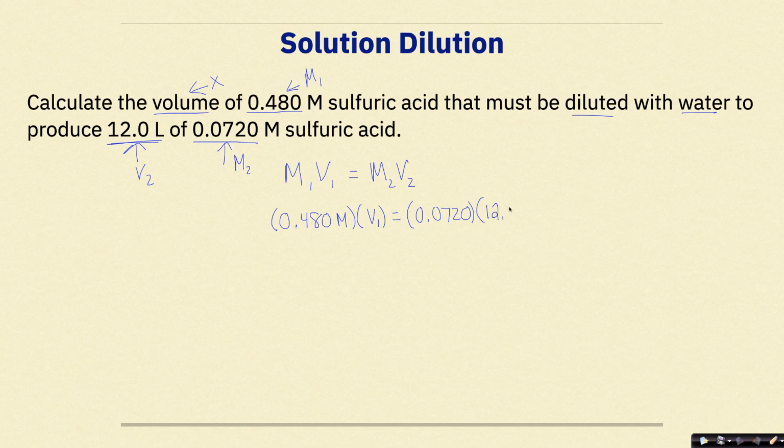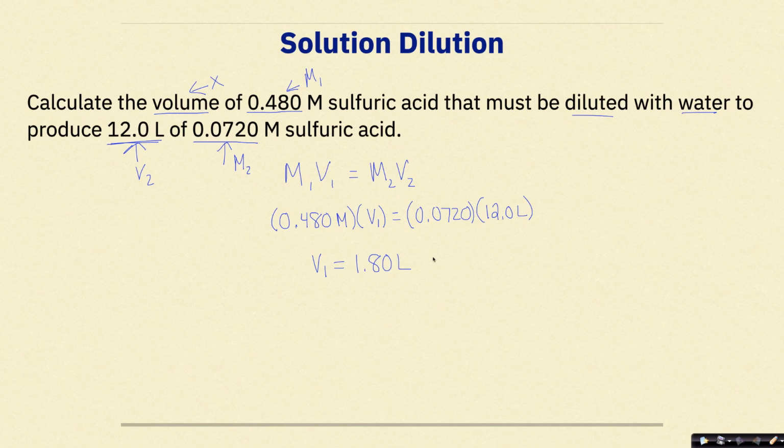So 12 liters. All right, so then if we go through all of this and we divide both sides by 0.480, our V1 ends up being 1.80 liters. And that is following our significant figures. If I go back and look at all my original numbers, 3 sig figs, 3, and 3, so we're all good there.